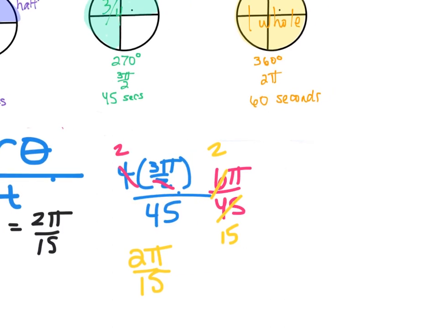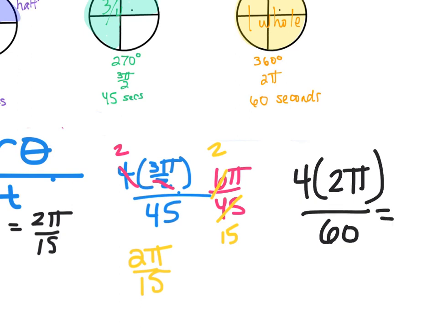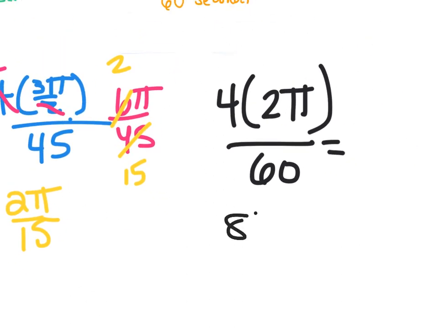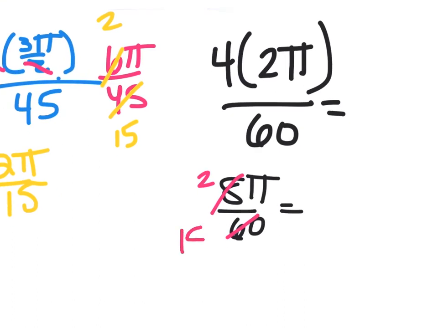So if I go one full revolution all the way around, I have a radius still of 4. My central angle, or theta, is 2 pi. It's the whole circle, and I'm going to divide that by 60. So 4 times 2 is 8. So I have 8 pi over 60. What goes into both 8 and 60? 4. 4 goes into 8 twice. 4 goes into 60, 15.